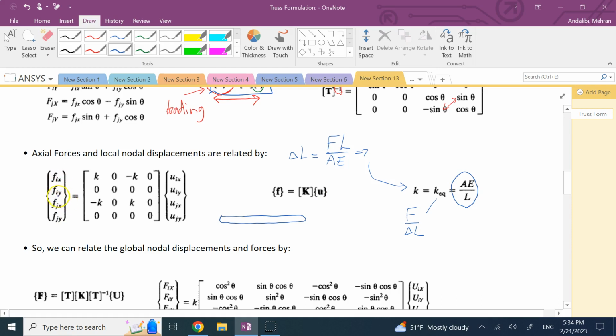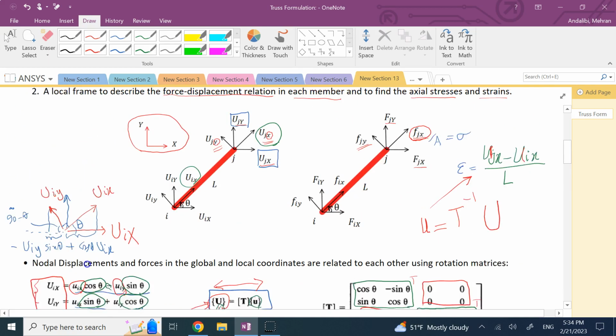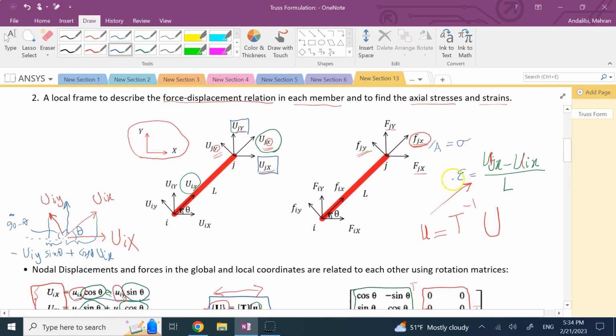Fj: Fix, Fiy, Fjx, Fjy. But since the member is a two-force member and x is aligned with the member, the only forces that we really have are the x forces. The y forces do not exist. This force here and this force here, they do not exist.